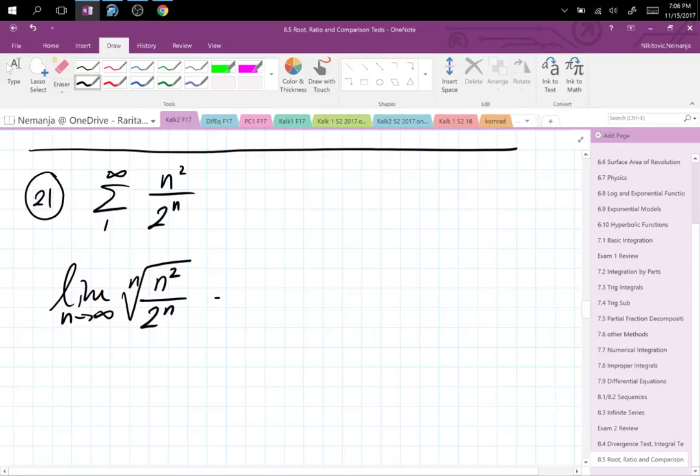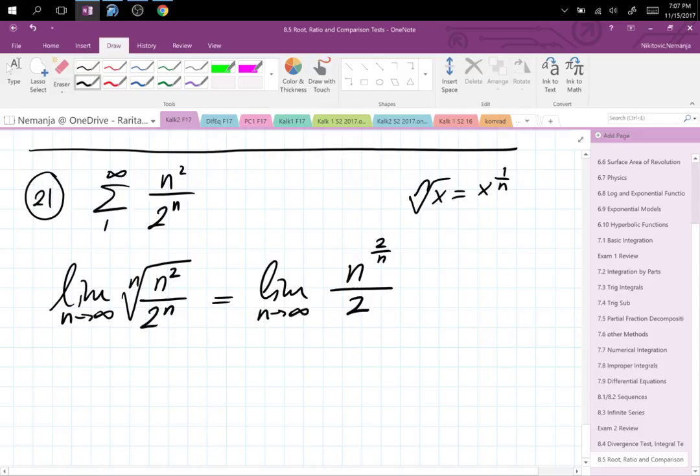So when I apply the nth root, I will get the limit as n goes to infinity, and what we have is n to the 2 over n, divided by 2, right? We know that the nth root of x is x to the 1 over n.